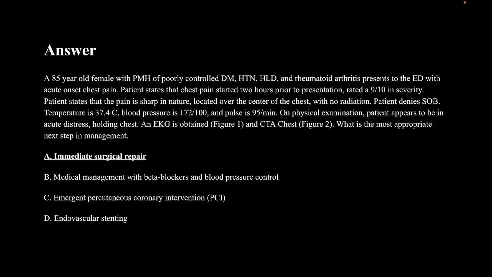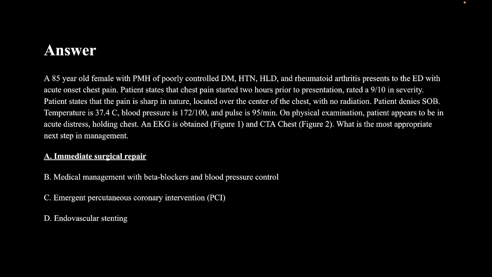So let's look at the options one more time and make sure we're all on the same page. Because the CT that I showed you in figure 2 shows the aortic dissection, the correct answer is once again immediate surgical repair. Option B, which says medical management with beta blockers and blood pressure control, would be the correct answer if this was a type B aortic dissection, which affects the descending aorta, which is not the case, so we can rule out option B. Option C, emergent PCI.